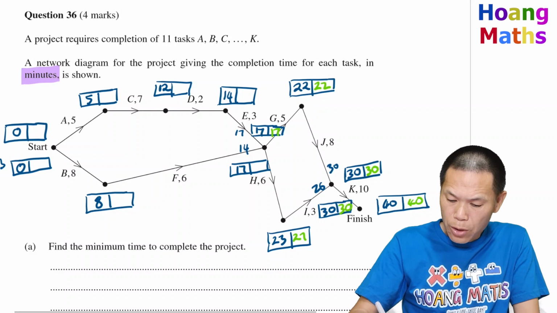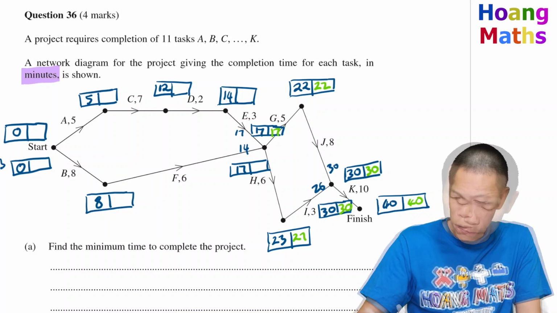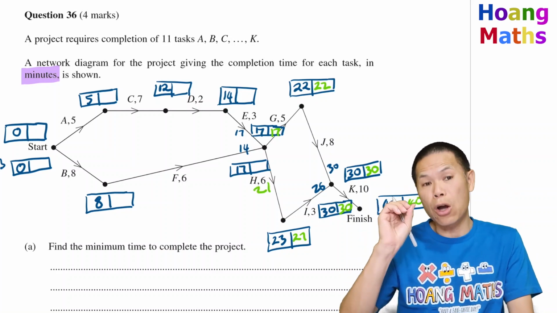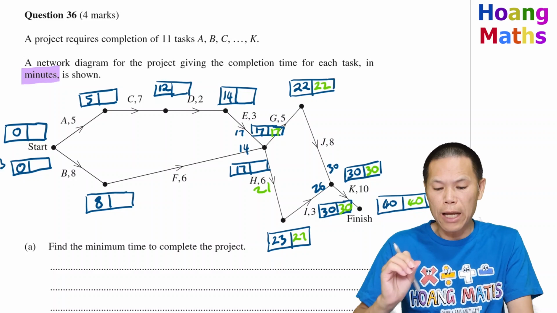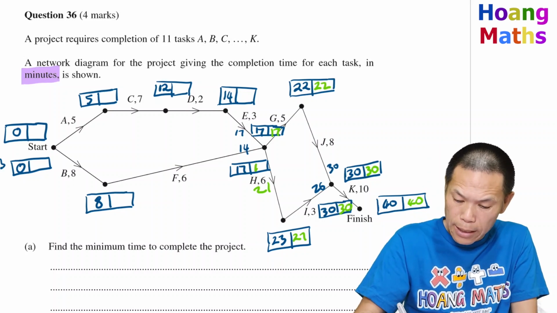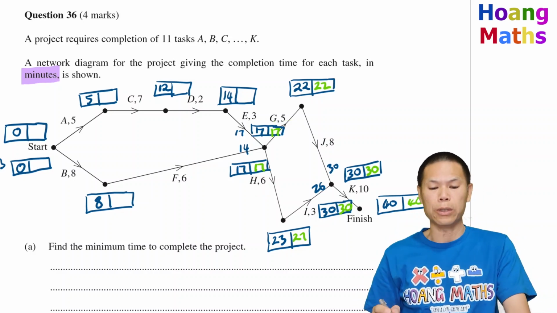And then 27 minus 6 for H means 21. But don't forget, we're going backwards, so we pick the smallest value. Therefore the starting time is not 21, it's 17. So we pick the smallest value, going backward.